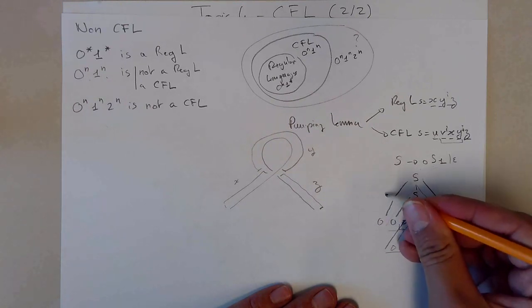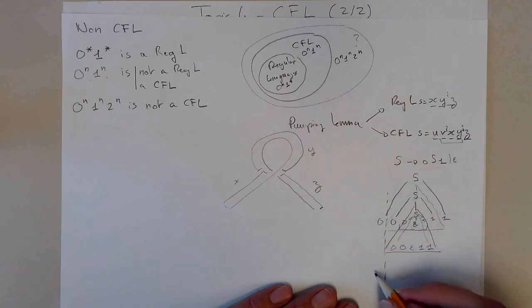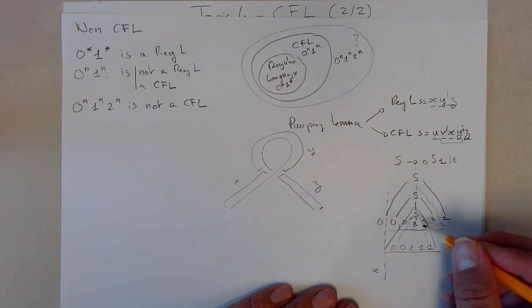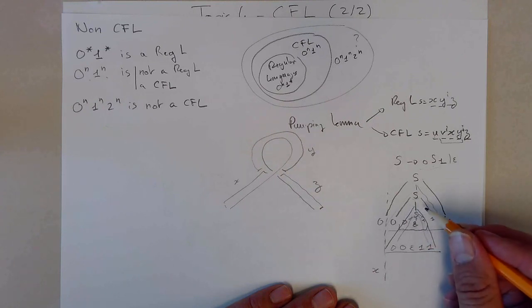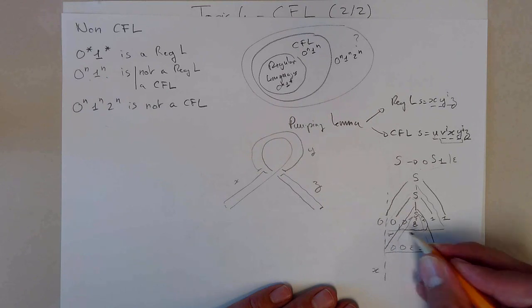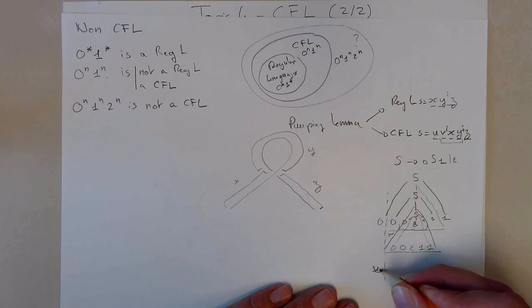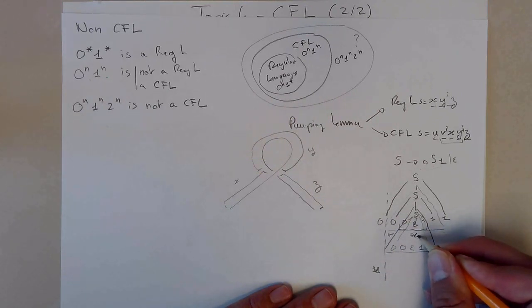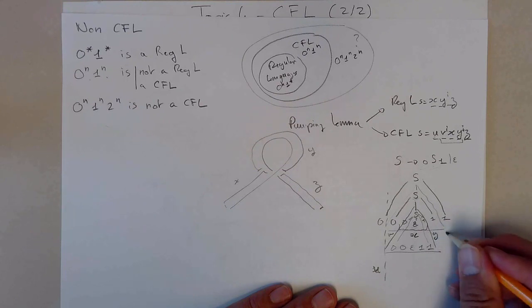Notice that this part was u, this is v, this part is x, this part is y, this part is z.